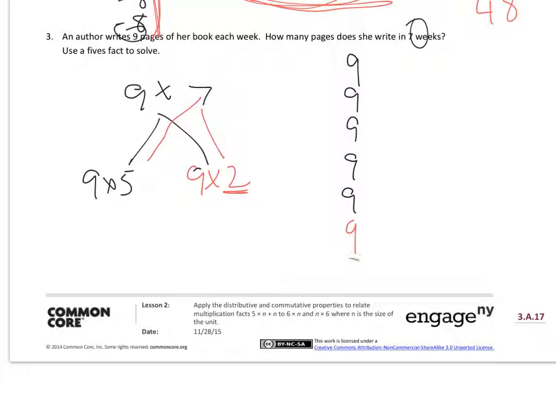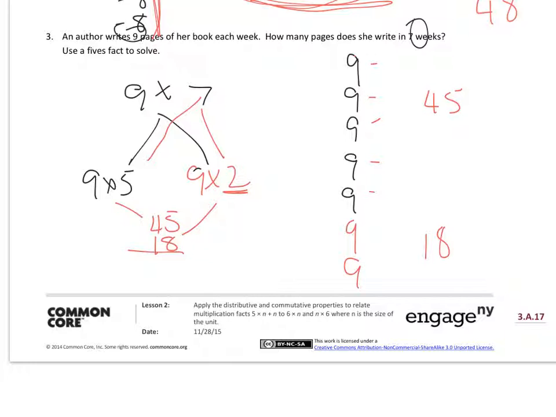So 9, 18, 27, 36, 45, and 18. So 45 comes from here, 18 comes from here. I can do the simple math.